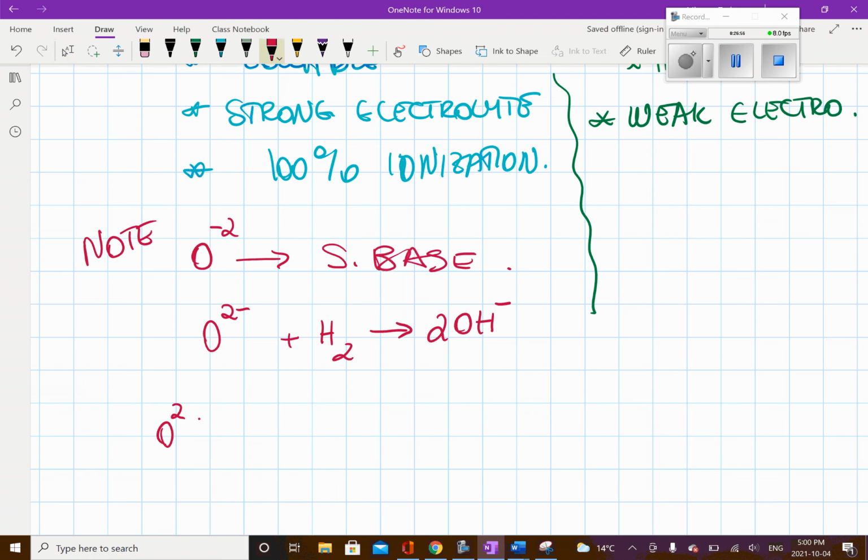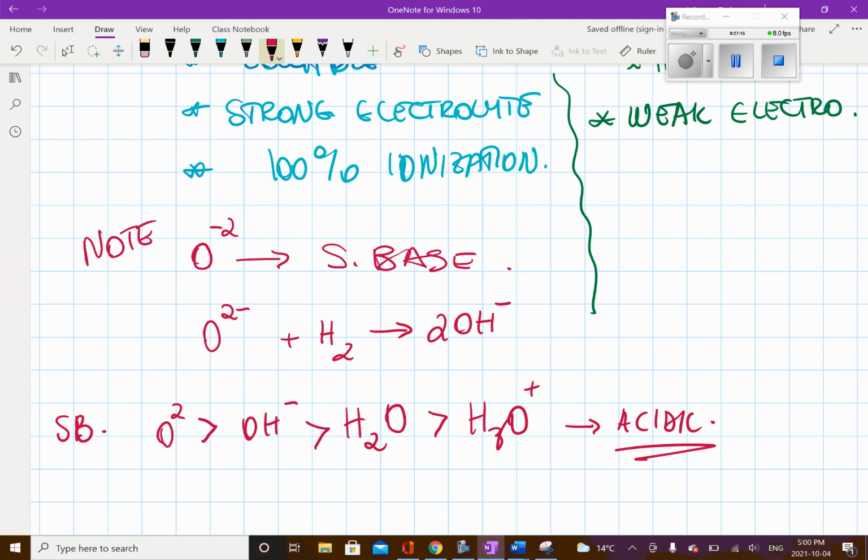So O2 minus is a stronger base than OH minus, than H2O, than H3O plus, which is actually acidic.